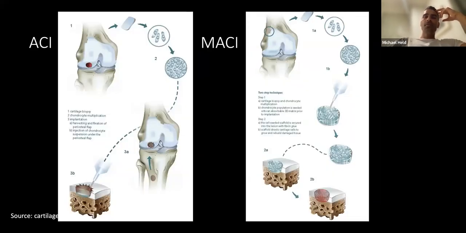A local option would be to have minced cartilage. So what you do is you scrape cartilage off, you mince it with the knife into small millimeter-sized bits, and then you take fibrin glue and you glue that into the defect.